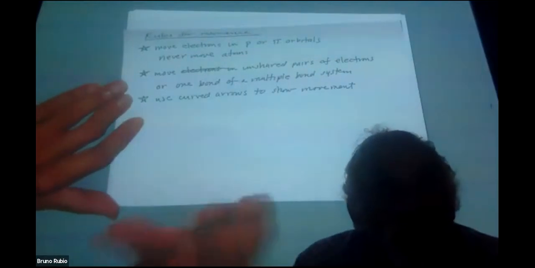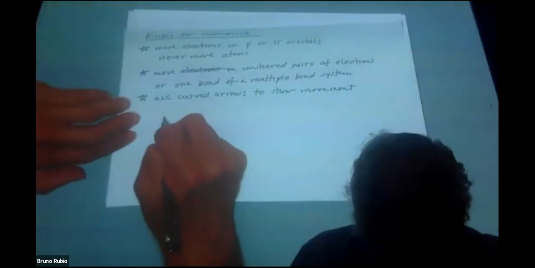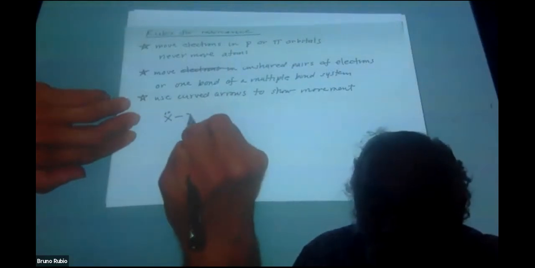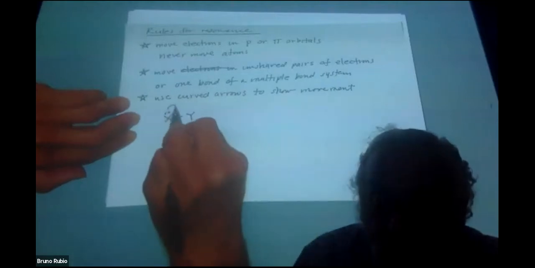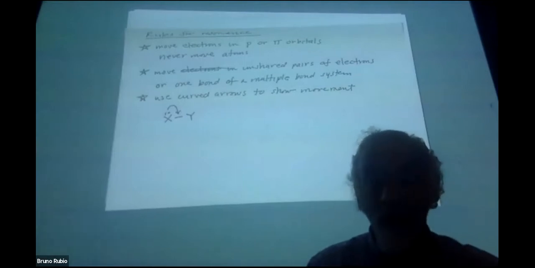Some of the very common motifs that we will see over and over again is that we have an atom that has an unshared pair of electrons on it, and it's bonded to some atom maybe that looks like that, and we illustrate the motion of the electrons with a curved arrow, right?